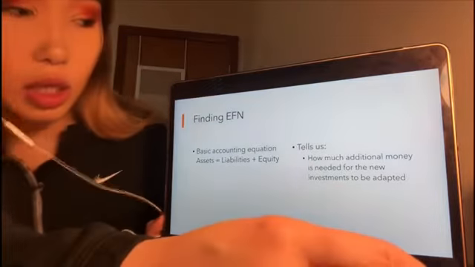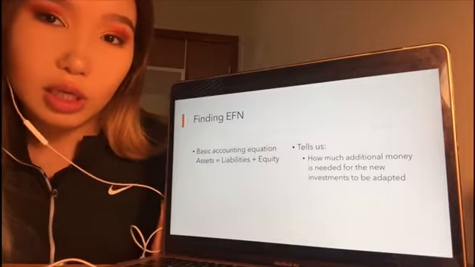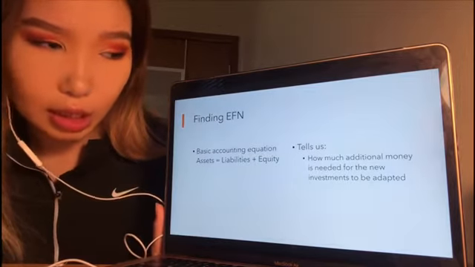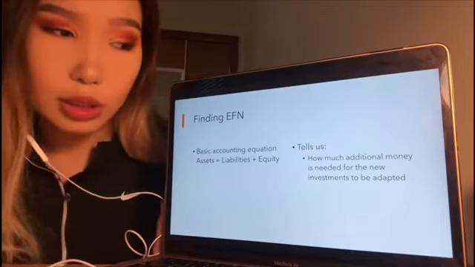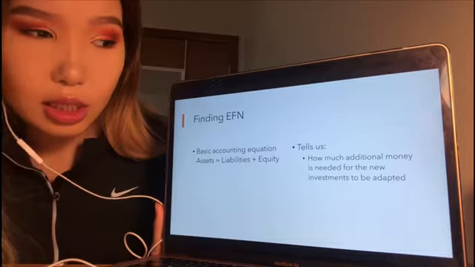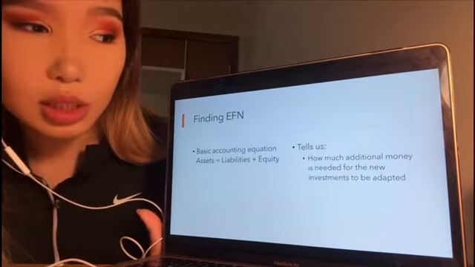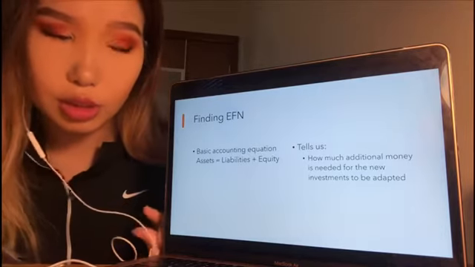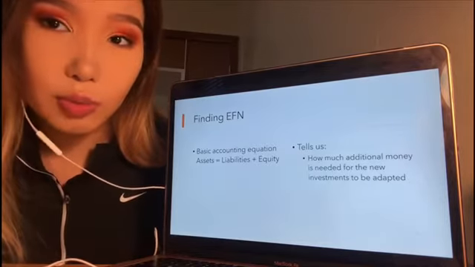To find the EFN, I also explained that I used the basic accounting equation, assets equals liabilities plus equity, and the EFN tells us how much additional money needs to be borrowed from the bank or from an external source for the new investment to be implemented.